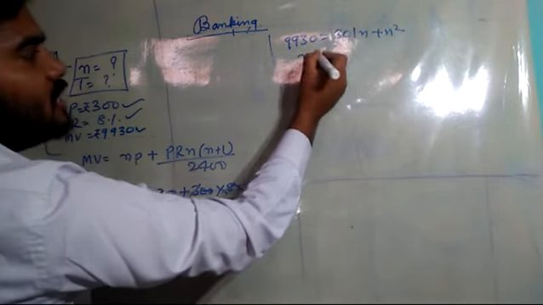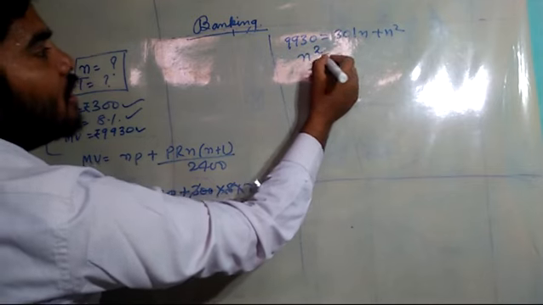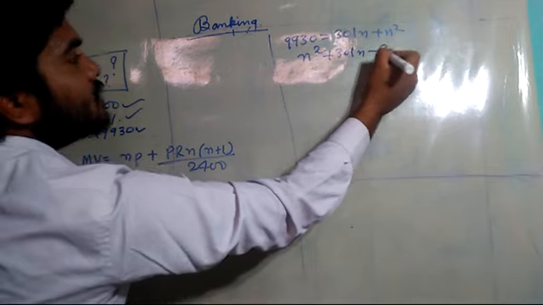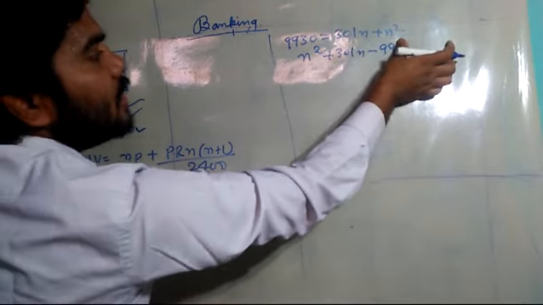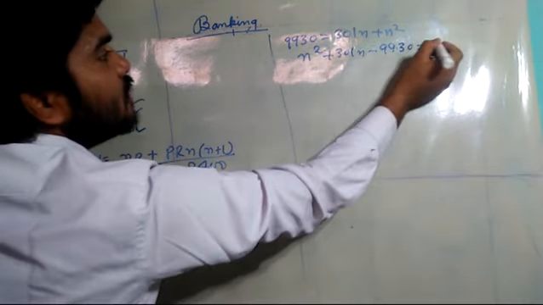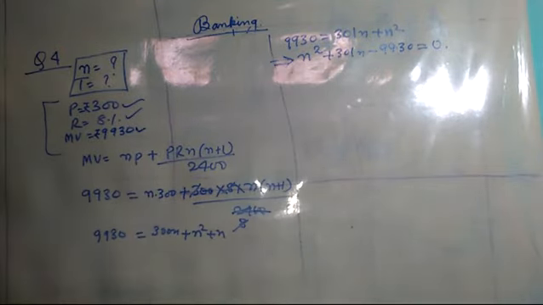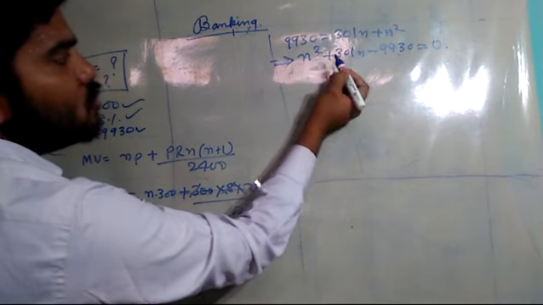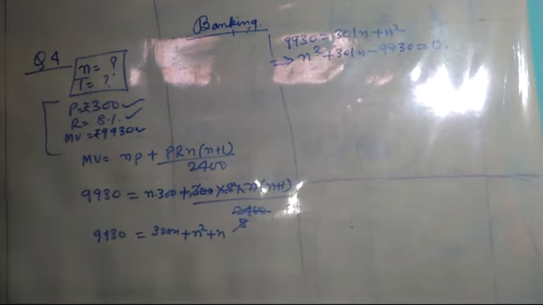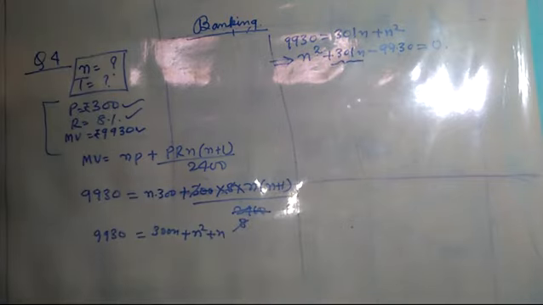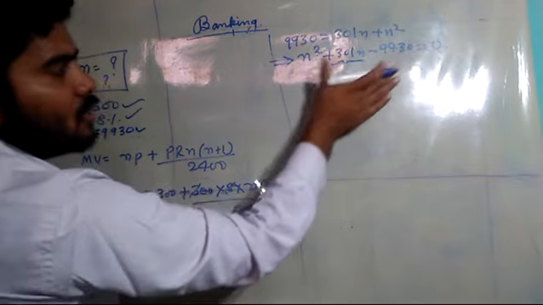Now if you arrange in standard form, it will be N square plus 301N minus 9930, this will be equal to 0. Now this is called the quadratic equation, where order is 2. It is in the general form. So if you all remember how to break the middle term, then it will be easy to crack this question.